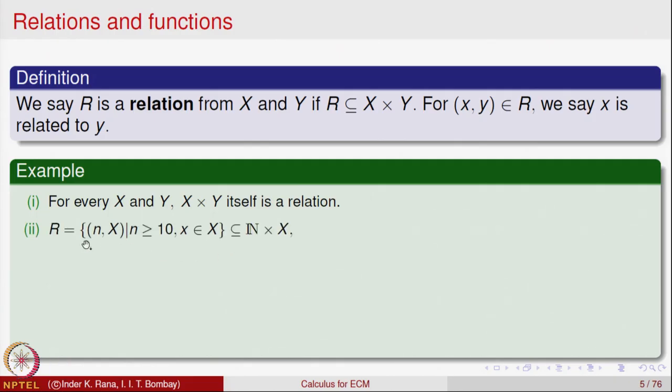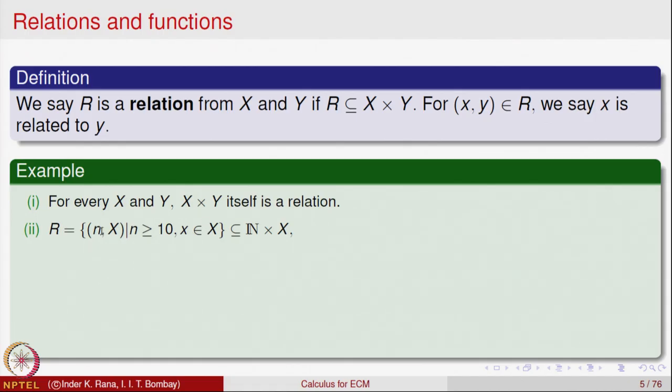Let us look at the relation (n, x), where n is bigger than or equal to 10 and x belongs to X. That means we are looking at a subset of the natural numbers cross X. If you would like to understand this example a bit more, let us say X is the traders who are buying shares only.